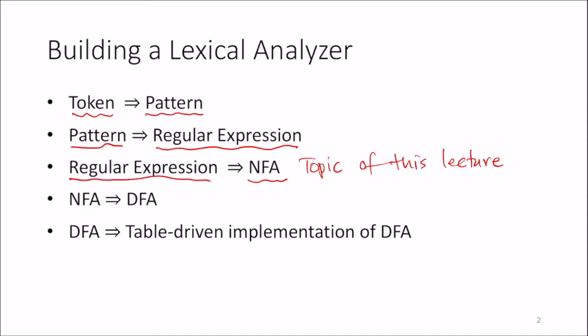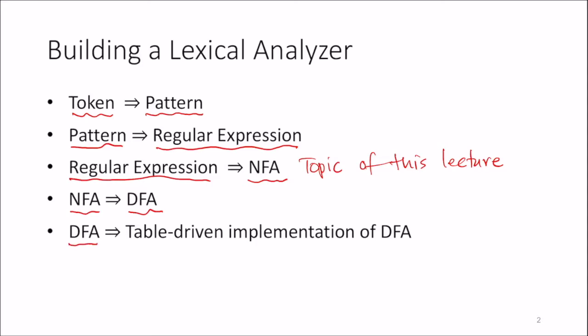We already saw how we can take a non-deterministic machine and convert it into a deterministic machine. And a DFA is really easy to then match or reject strings corresponding to that token.